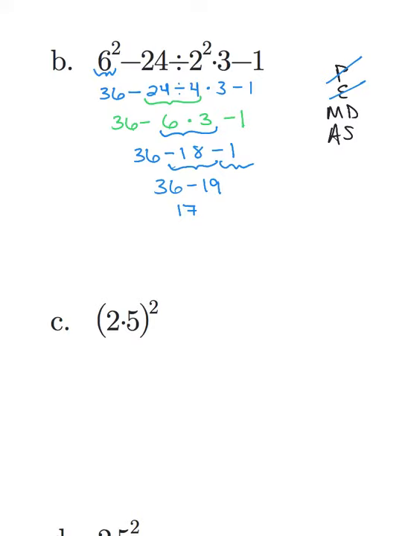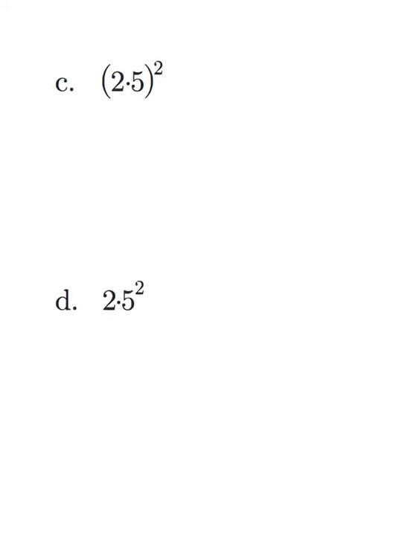Okay, let's look at the last two for this slide. We have C. We have parentheses 2 times 5 squared. On this one, if we follow our order of operations, the first thing that we want to do is parentheses.